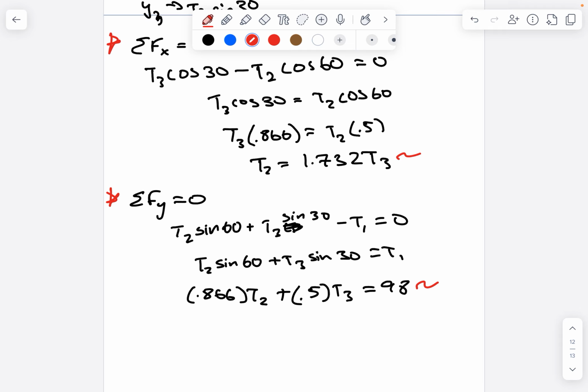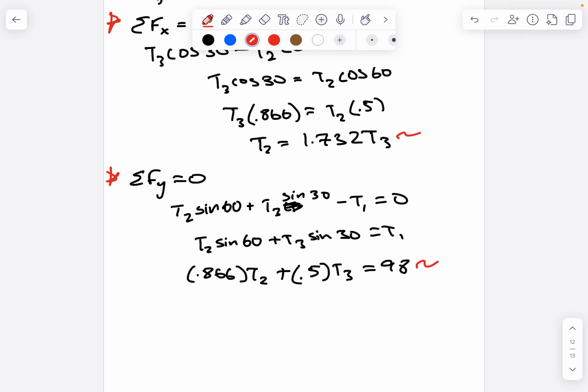Now let's substitute and solve for T2 and T3. So I'm going to replace T2 with 1.732 T3.